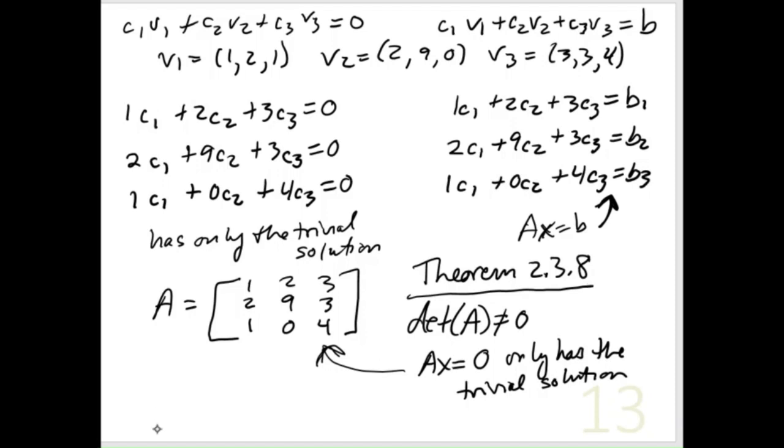And so yes, we would be able to say that these vectors, V1, V2, and V3, do span R3, and obviously they are linearly independent and form a basis for R3. Whew.